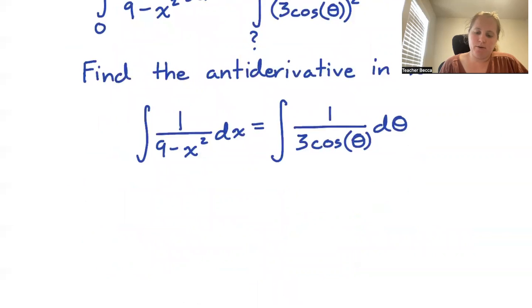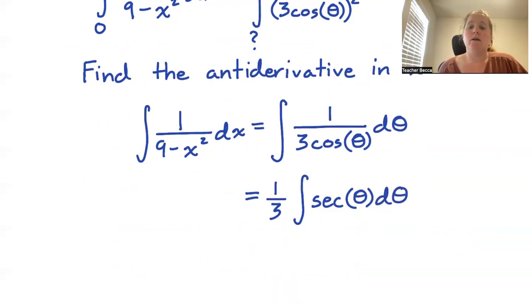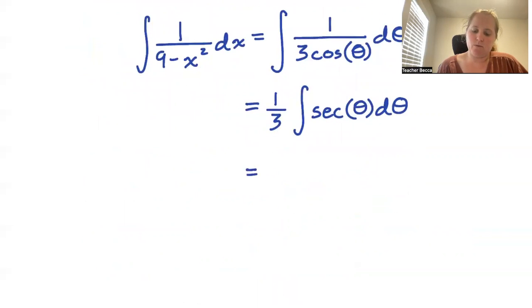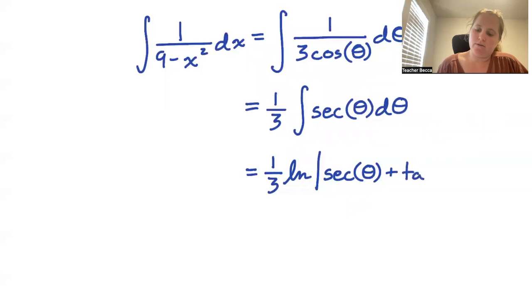This is better known as 1/3 times the integral of secant of theta d theta. But we do know the integral of secant theta. So this becomes 1/3 times the natural log of the absolute value of secant of theta plus tangent of theta. We technically have a plus c on the end.